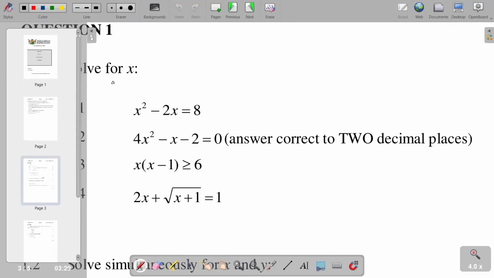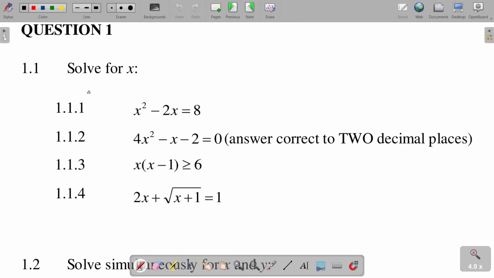Here is question 1. So the first question, 1.1.1, there it is. You are given x squared minus 2x equal to 8. So first step, you have to standardize the equation.